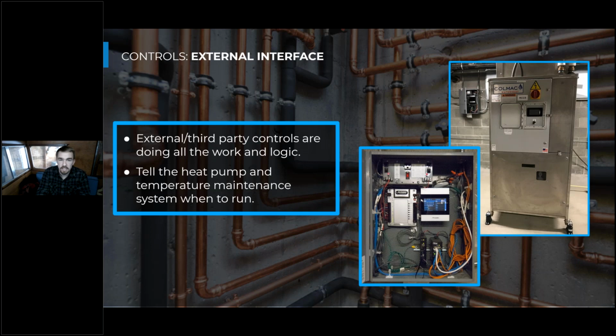So the rep knew exactly how these heat pumps worked as part of these systems, but they were able to design a controller that implemented lead lag and staging and implemented the backup electric heating in case there was an equipment failure, as well as communicating different temperatures and the overall status of the system.